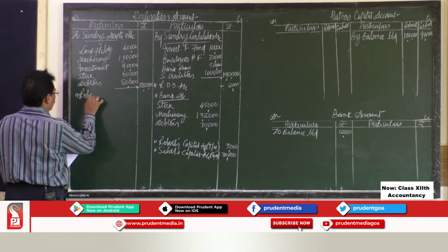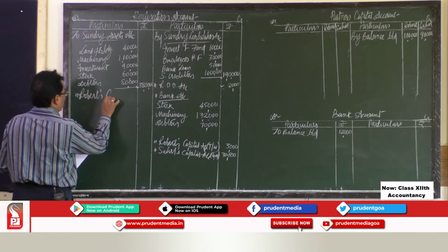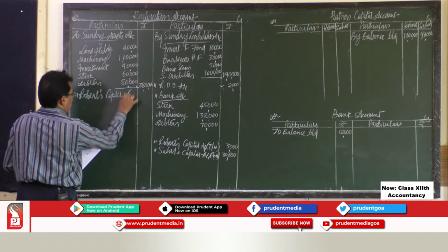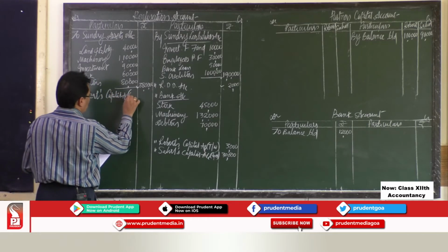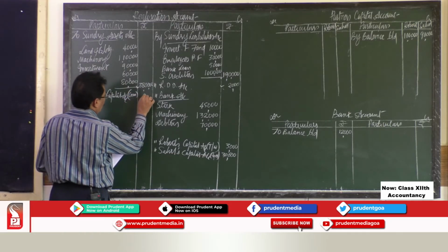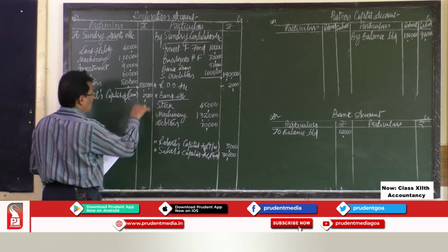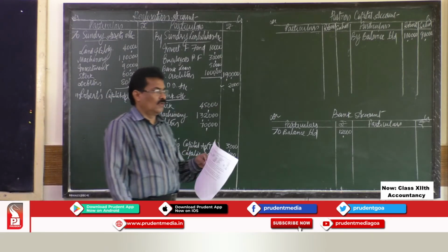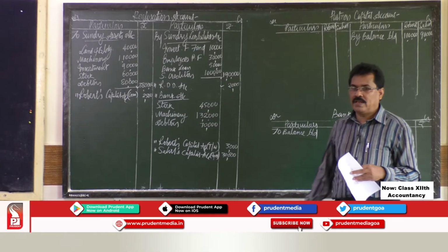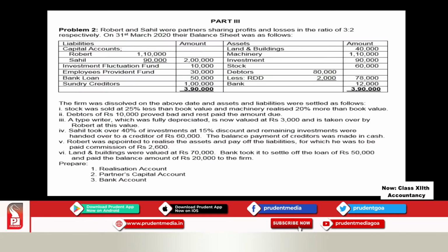So to Robert's capital account. This is a firm's expense, that is commission of rupees 2,500. So whatever commission the firm agreed to pay Robert has to be debited to the realization account.